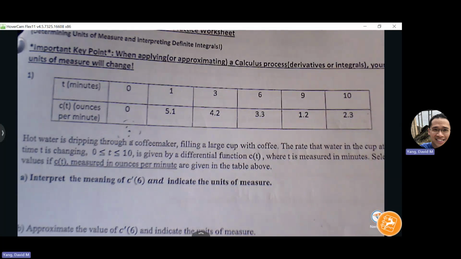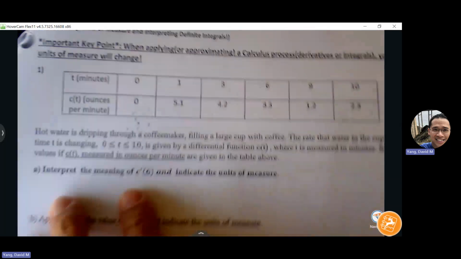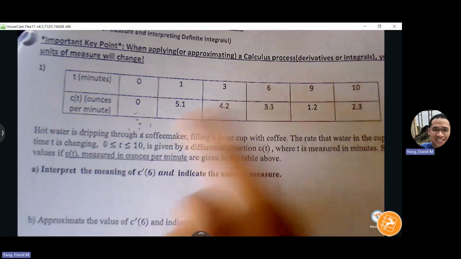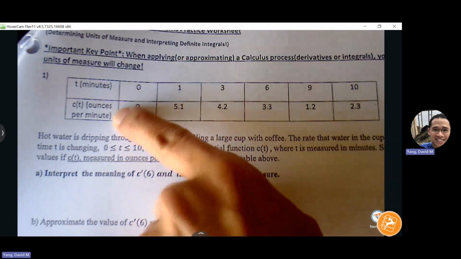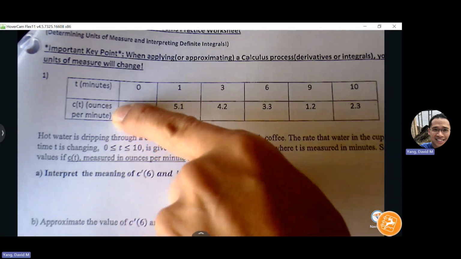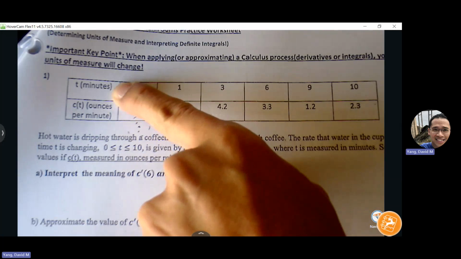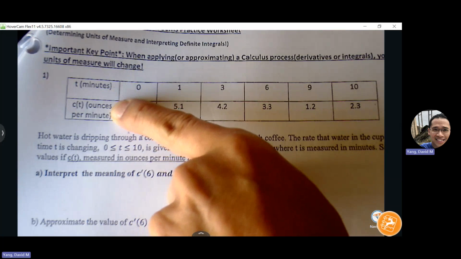And the easiest area formula is the rectangle, length times width. So we're multiplying our values, which means we're also multiplying our units. That's the key thing here. When you take the integral process, your new units are going to be the multiplication of these two. So what's ounces per minute times minutes? Just ounces.